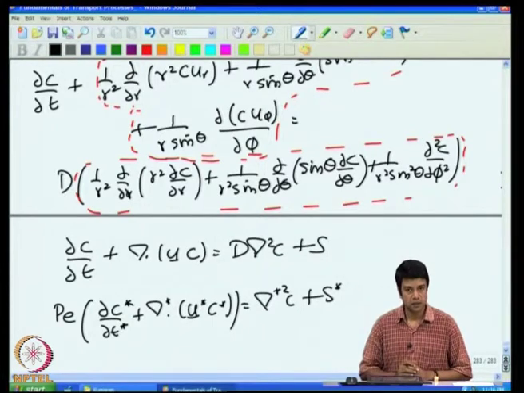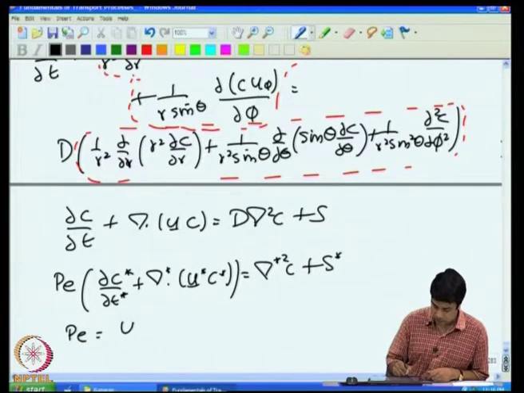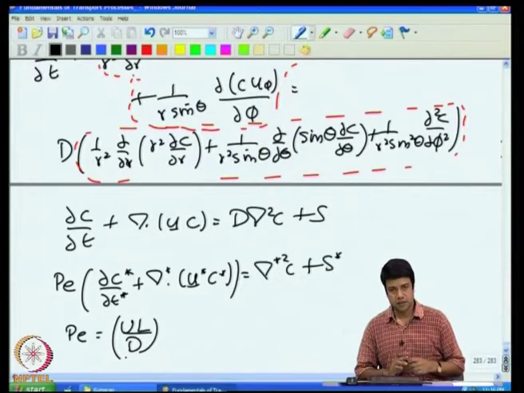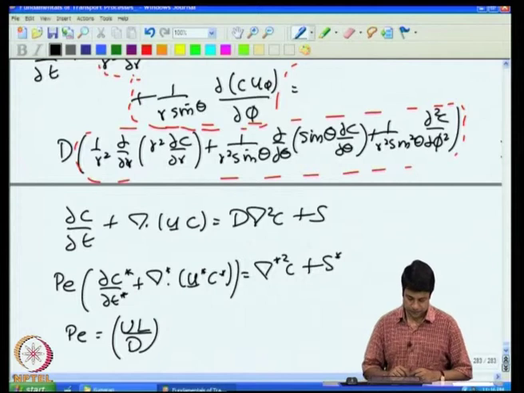This Peclet number is equal to u L by D, where u is the characteristic velocity, L is the characteristic length, and D is the diffusion coefficient.